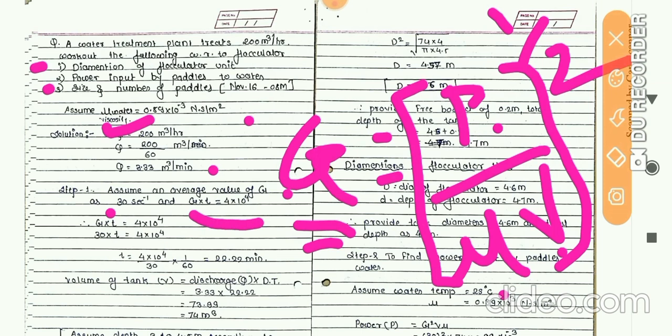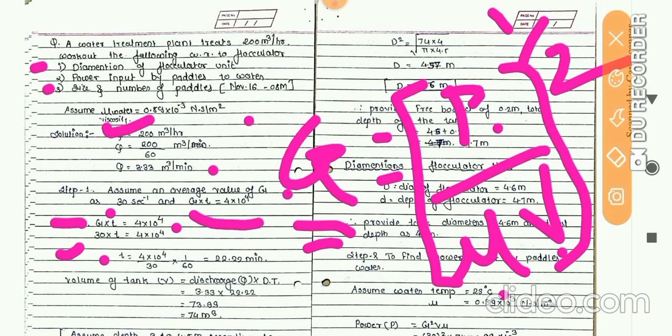So G into T is equal to 4 into 10 raised to power 4.